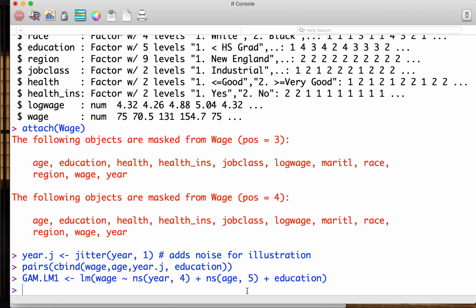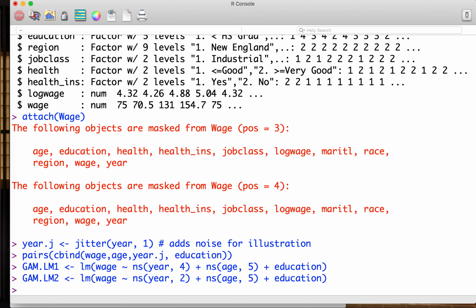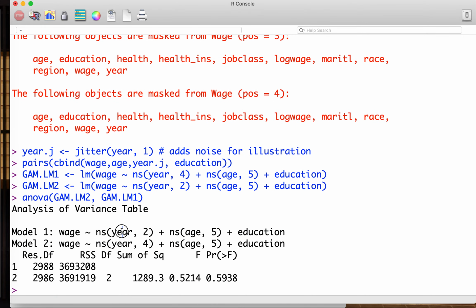For example, we can compare this model with another model. We want to see if the fourth degree polynomial is really necessary or if a second degree polynomial is enough. Then we can run ANOVA, with the smaller model first in the ANOVA function, and then GAM LM1. Then you can see there is no significant difference in model performance, even if we add the two more terms, the cubic and quartic terms of year.